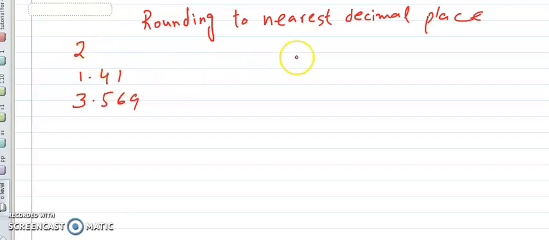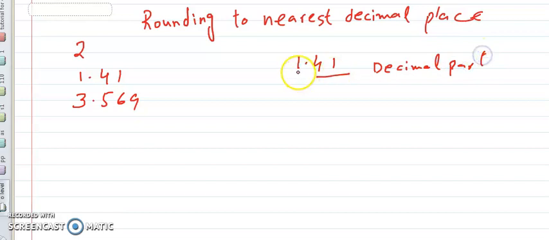In 1.41, you can see this has two parts. This part is decimal part and this part is whole part. Now in 2 there is only whole part, so we will say it is a whole number only. There is no decimal place in this one.